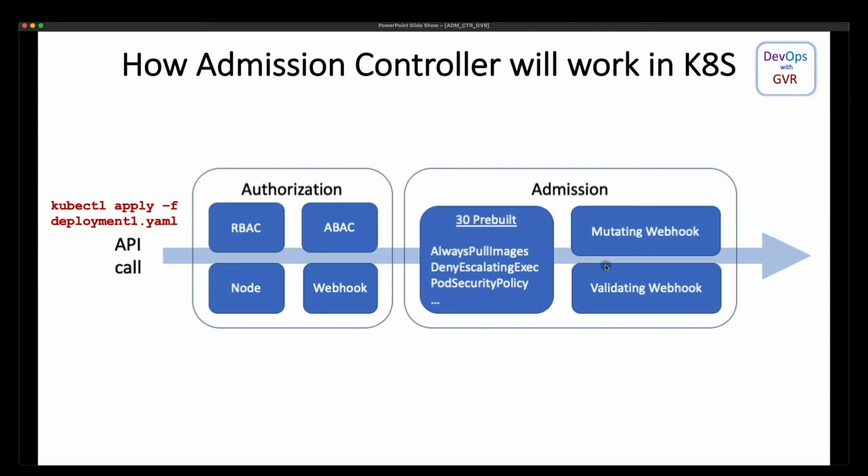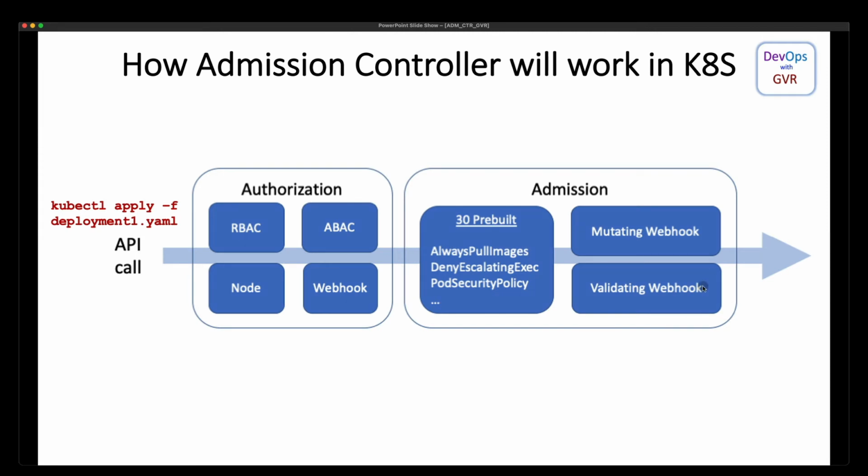So what is our job here as a Kubernetes admin? We can define a mutating webhook, which will modify the deployment, and then validating. Once it is modified, it validates and ensures that everything is fine.